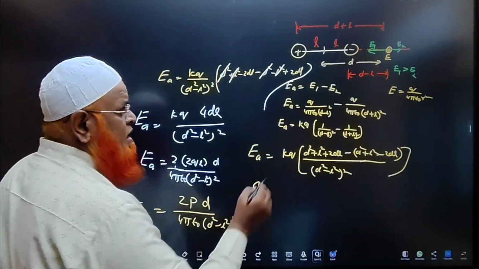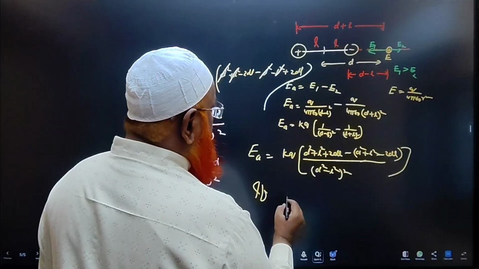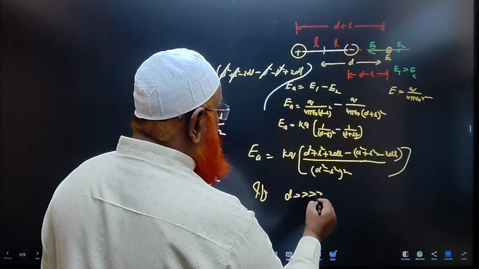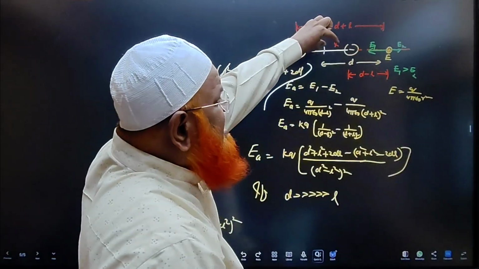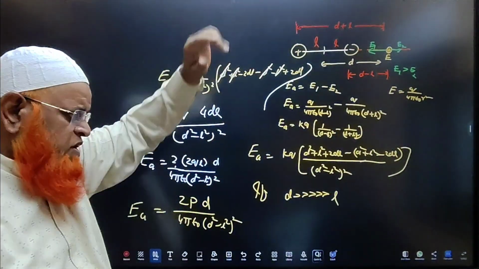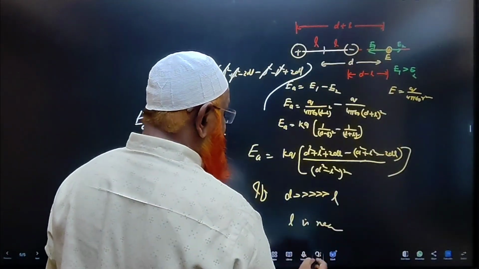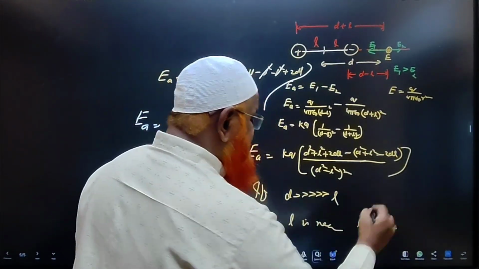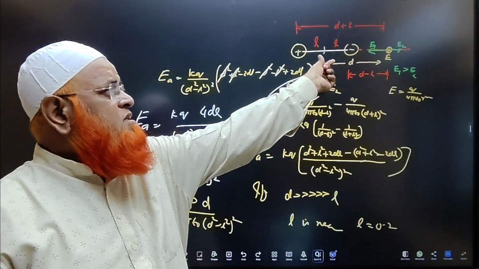If D is much greater than L, the distance you are taking is much larger than L. L is in centimeters, D is in meters, let us imagine. So L can be neglected. For example, L is 0.2, and the distance is 4 meters, and this is 4 centimeters.